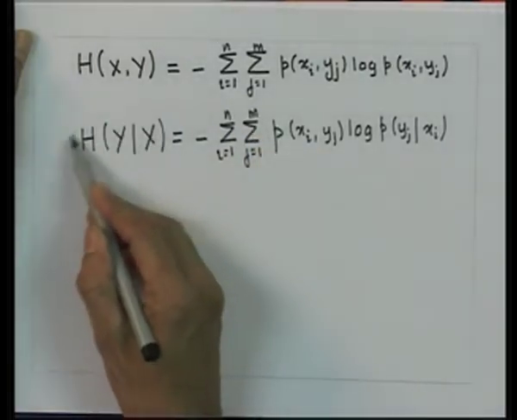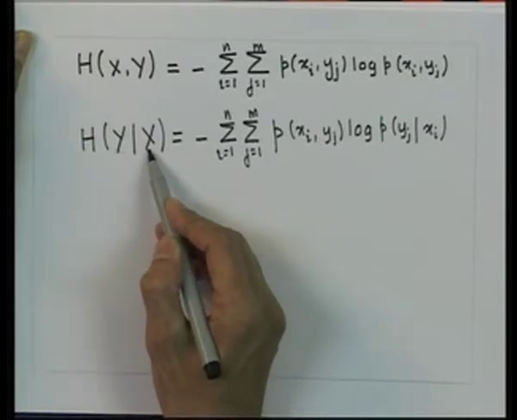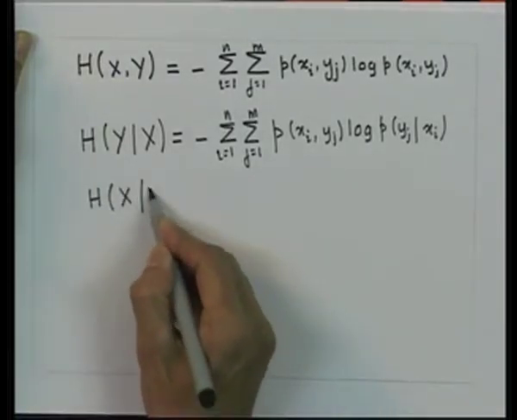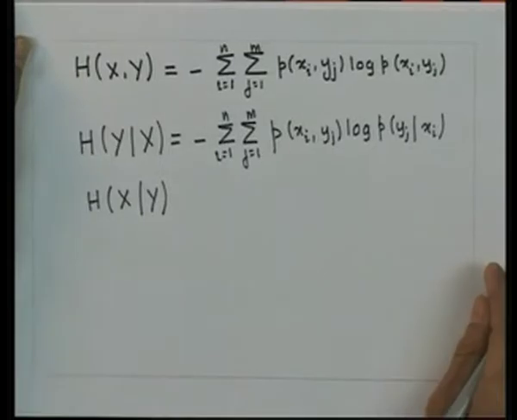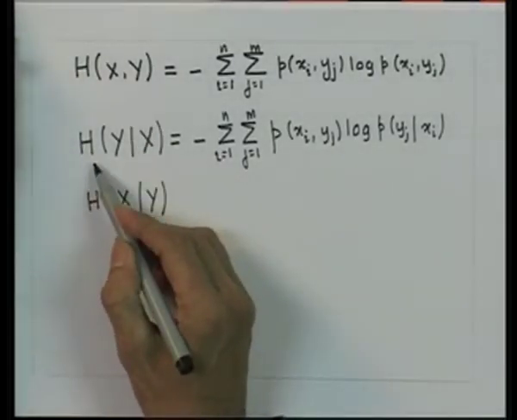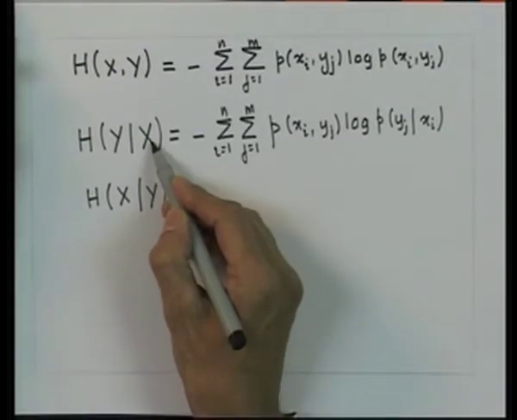This is the conditional information measure with regard to experiment y given x, and similarly we can define h of x given y.